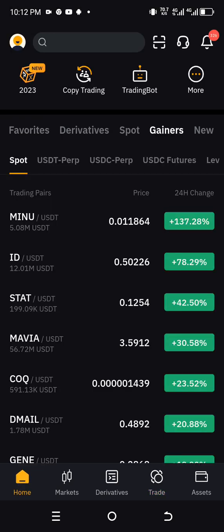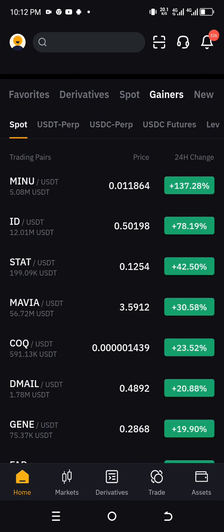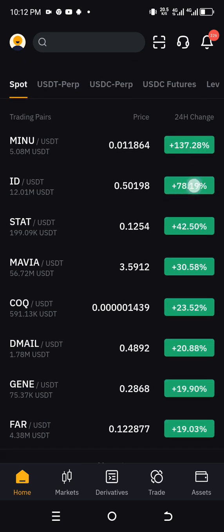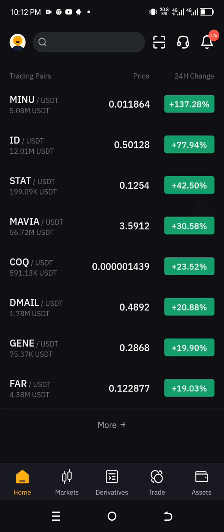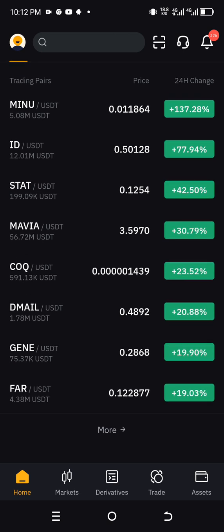is to come to your trade. Best you should go to gainers and check the coin that is currently moving the market. So you come to this very place and make a choice.